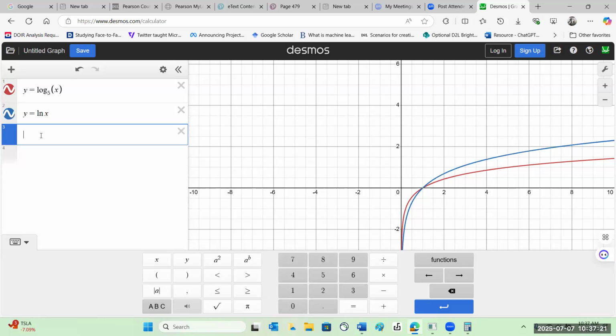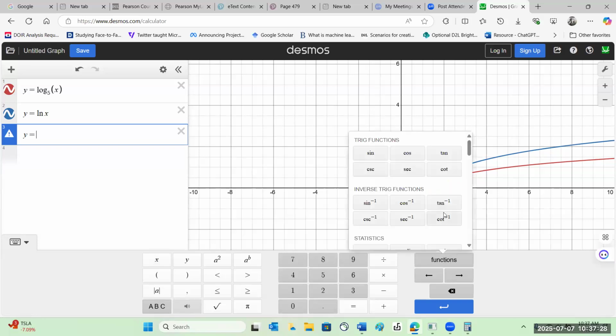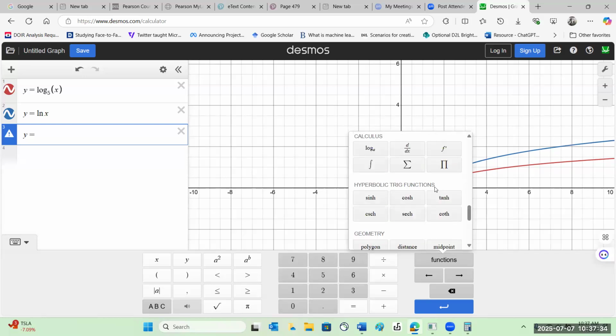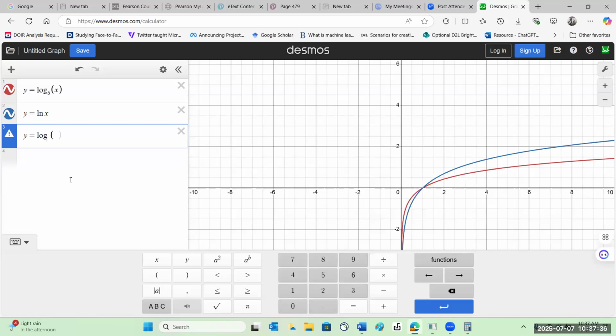Let's check that out. y equals log base 8 of x. So you see, the bigger the number, the more shallow it becomes.